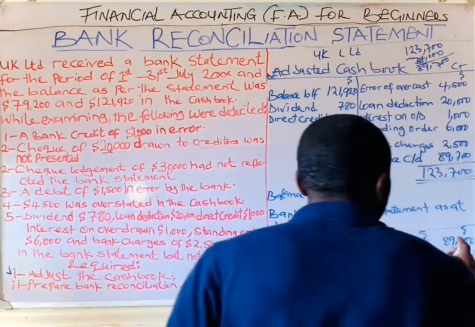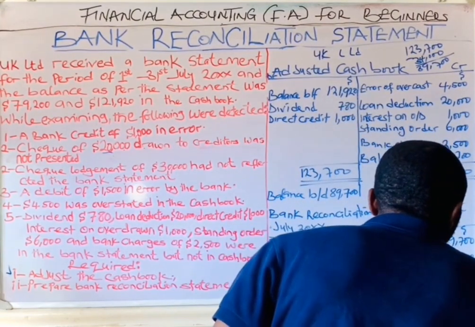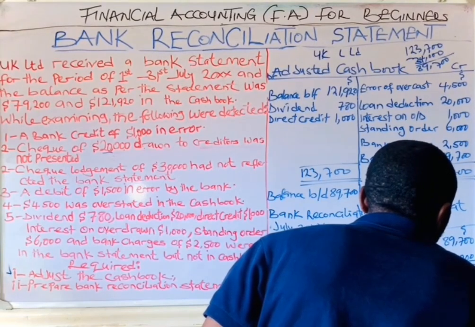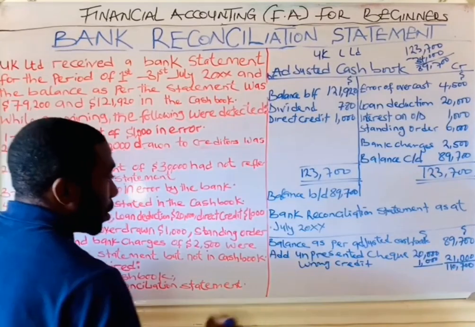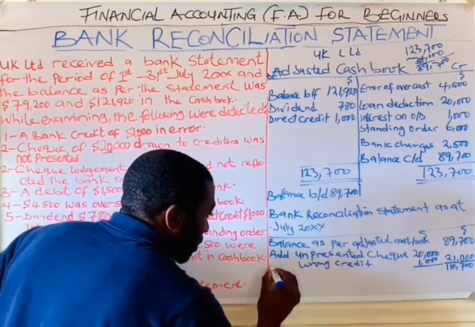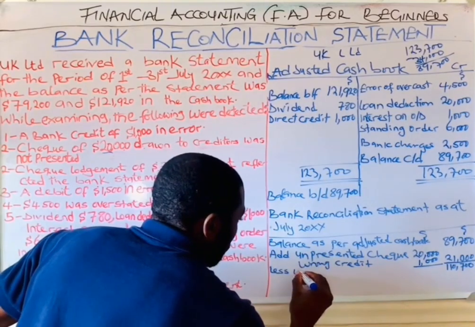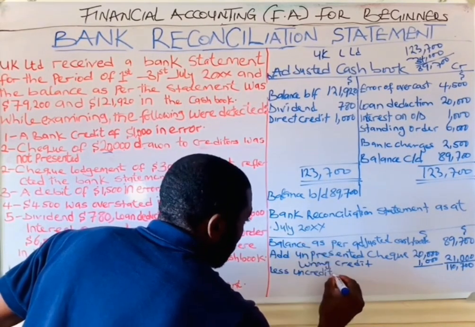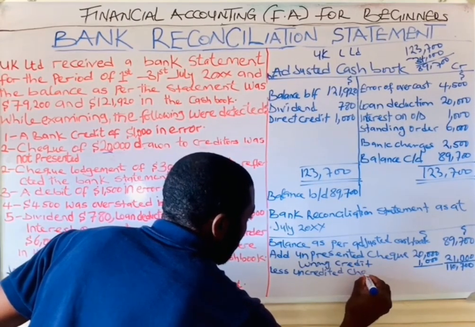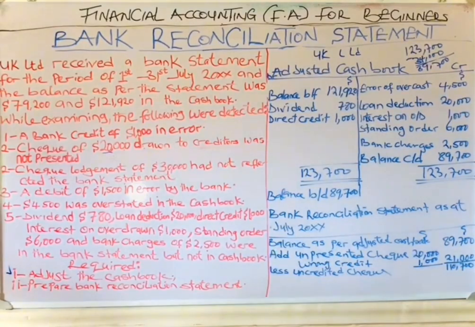Then you add this. If you add it, you're going to get 110,700. So you less your uncredited cheque from our format. And with this uncredited cheque, we are having a wrong debit.